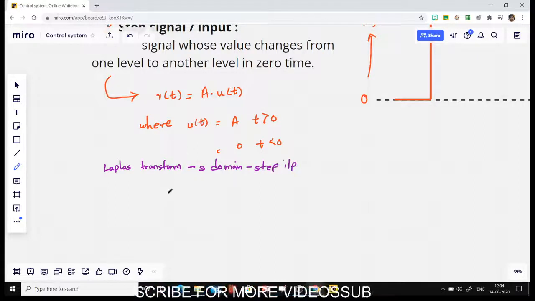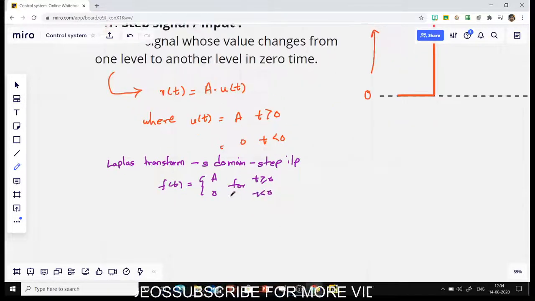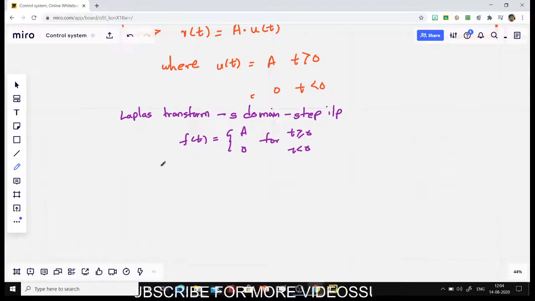The same function I can write as f of t is equal to A for t greater than or equal to 0, and 0 for t less than 0, and then I try to find the Laplace transform for the same.